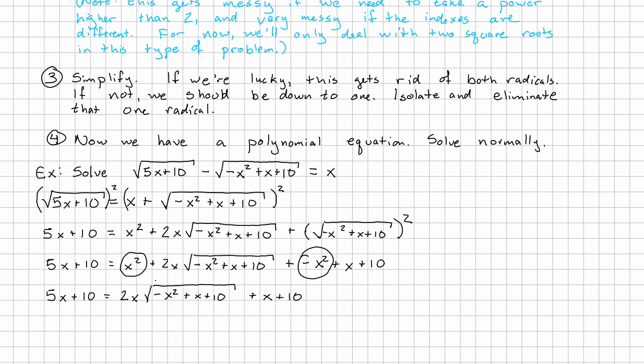Okay, it gets even better. Right? Now I want to isolate this square root. I'll subtract x and subtract 10 on both sides. And I just have 4x equals 2x times this whole square root.